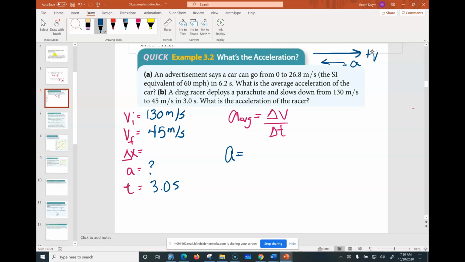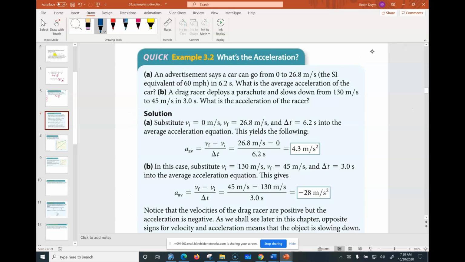So you can actually just write A is VF minus VI over T. And remember that time, we're going to start the stopwatch when he lets go of the parachute. So we can just call it T. All right, so you should already start to see that this is going to be 45 minus 130 over 3. And that is obviously, hopefully, going to be a negative number.